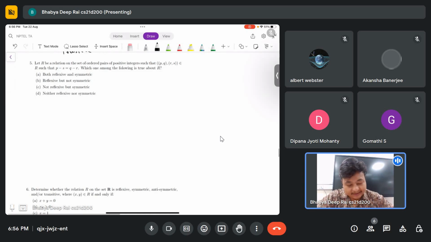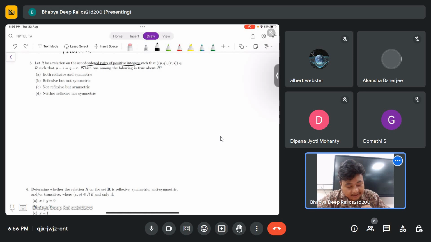So yeah, let us do a slightly tougher one. Let us try this one, or maybe I'll give you a few minutes to think about it. The question says, let R be a relation on the set of ordered pairs of positive integers. Take note that it is positive.